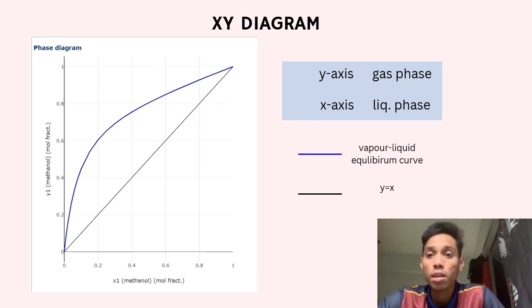In this diagram, the blue curve represents the vapor-liquid equilibrium curve, which provides the overall representation of the phase behavior in a binary system at a certain temperature and pressure, showing the conditions under which liquid and vapor coexist. It also indicates the boiling point, critical point, and the overall shape of the phase boundary.